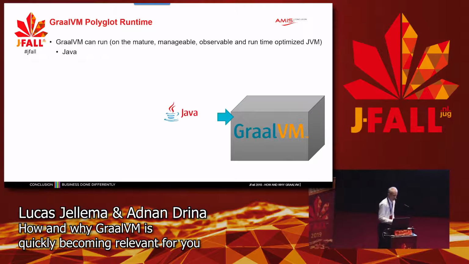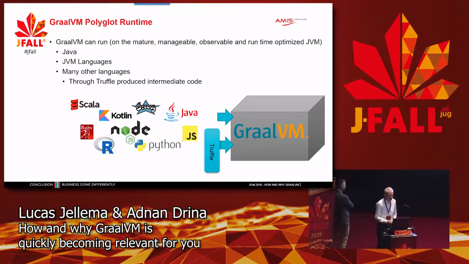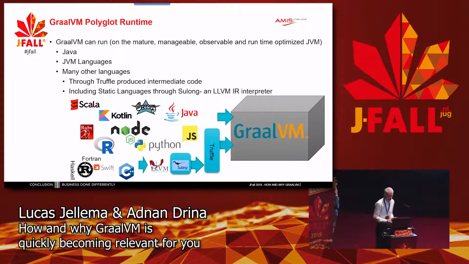It can run Java and all the JVM languages, no surprise there, but it can also run many languages that are not related in any way to Java or the JVM, and it does so through Truffle, which I mentioned before. We can even take statically compiled languages such as C, C++, Swift, and Rust, use LLVM, which is kind of a polyglot thing in itself, take the output from there and run that too on GraalVM. So that's what GraalVM polyglot means.